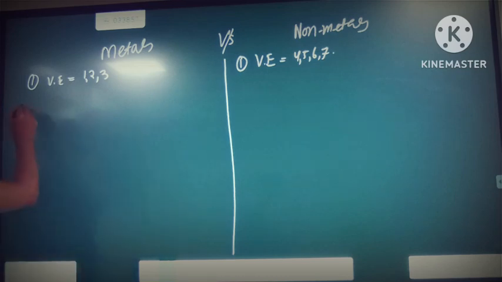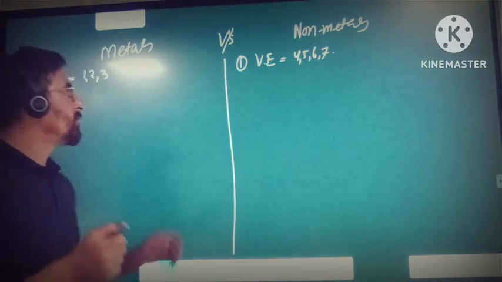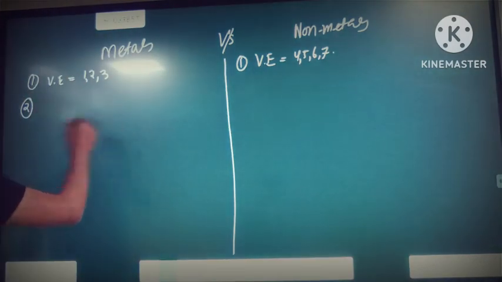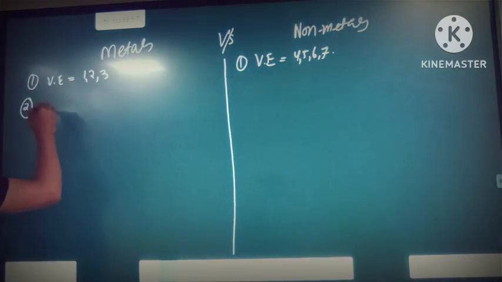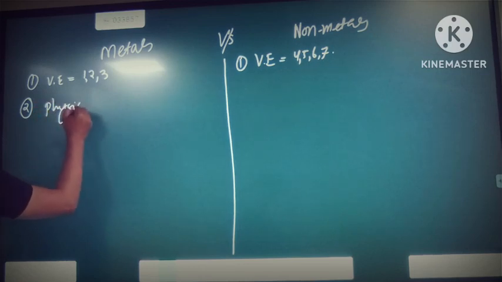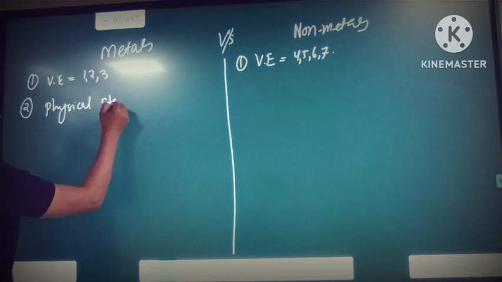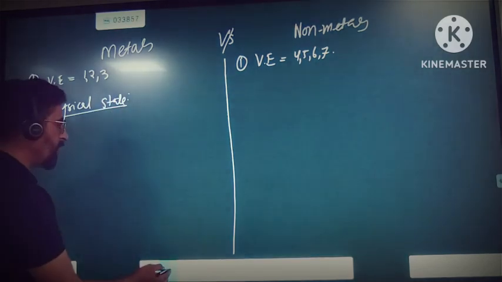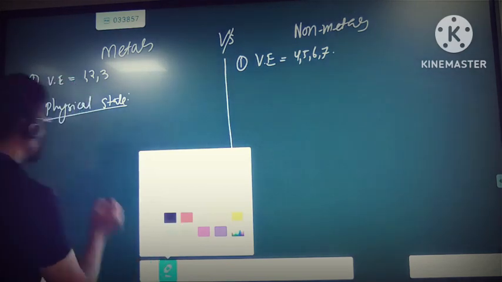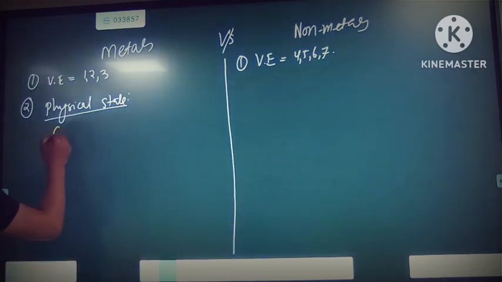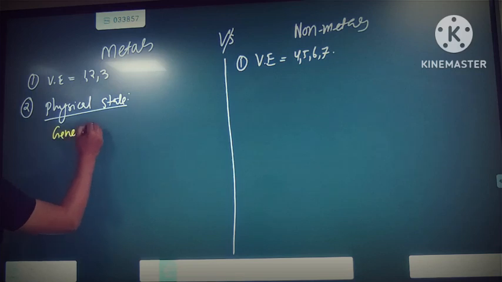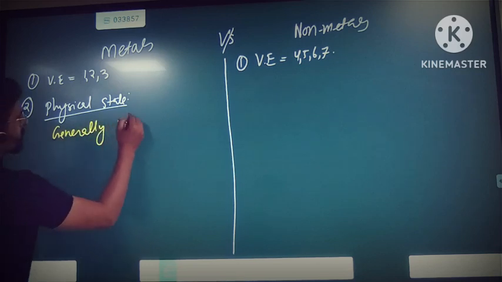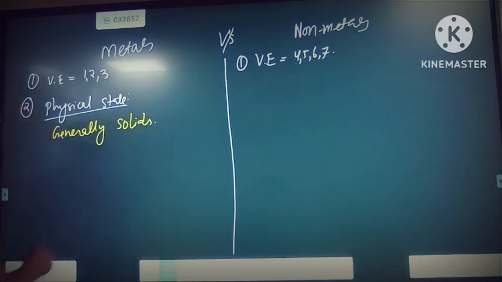Okay, if we move towards the second difference between metals and non-metals, the second difference will be on their physical state. Metals are generally solids.